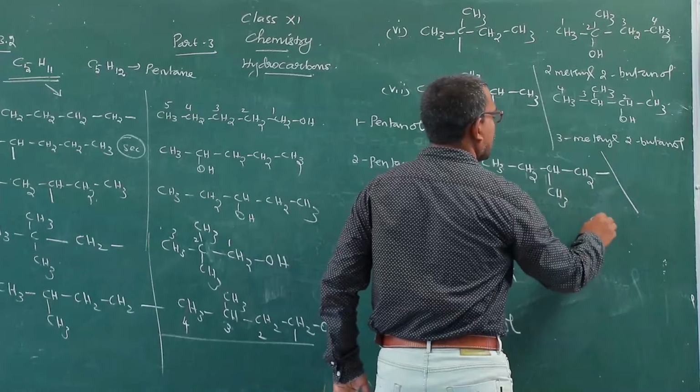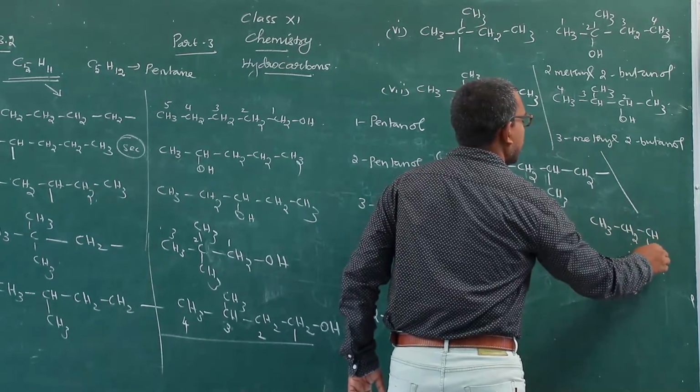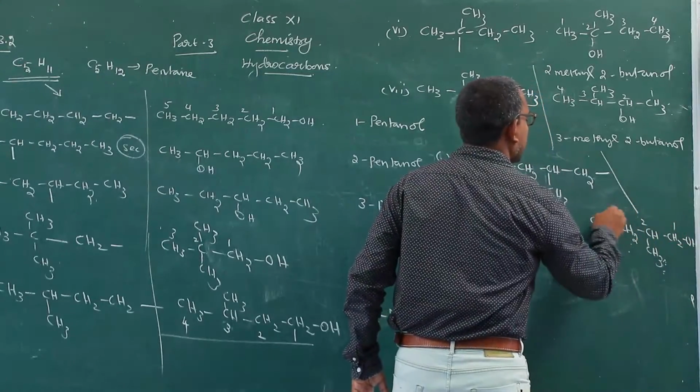The corresponding alcohol compound is CH3, CH, CH3, CH2, CH2OH, numbering 1, 2, 3, 4.